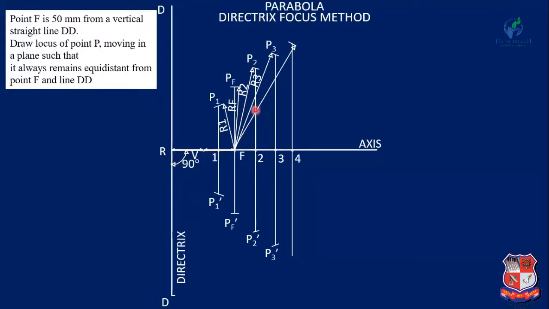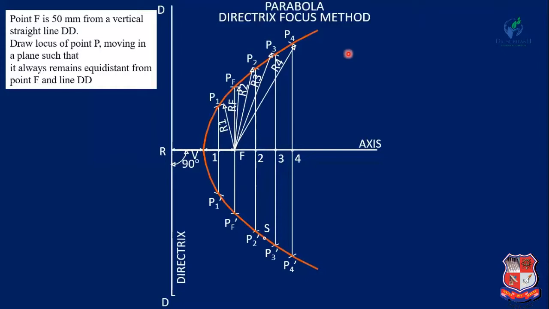So you have to change the radius, but the center F remains the same. With radius R2 you will get the point P2, with R3 you will get the point P3, and with R4 you will get the points P4 and P4 dash. Okay, now join all these points by a smooth curve. So this curve is known as the parabola.